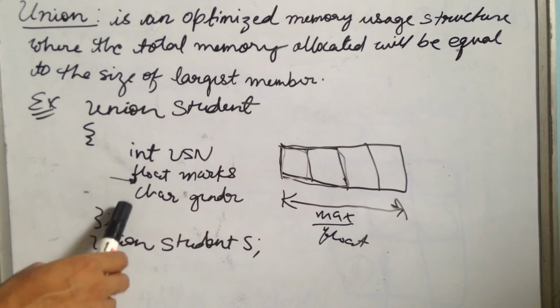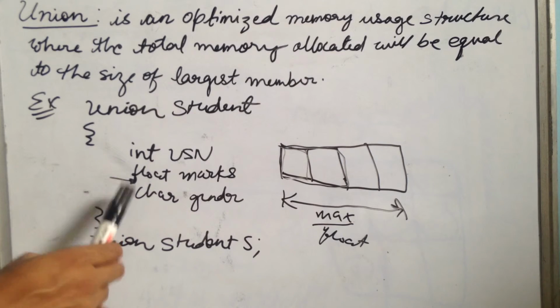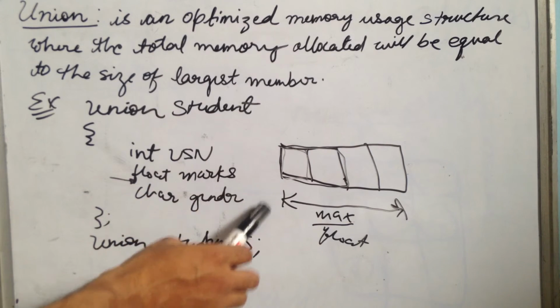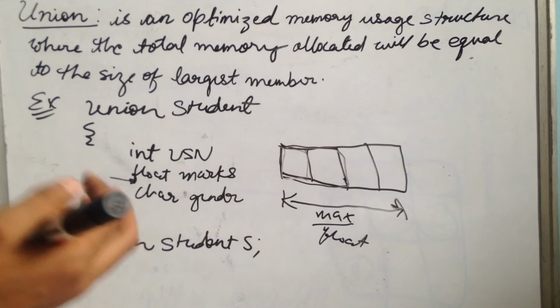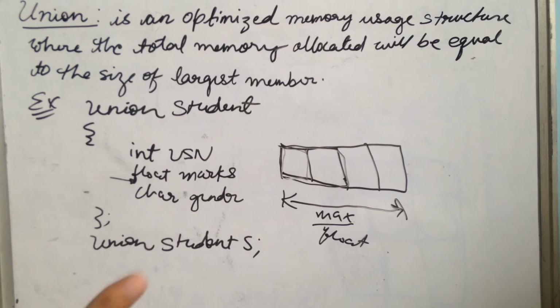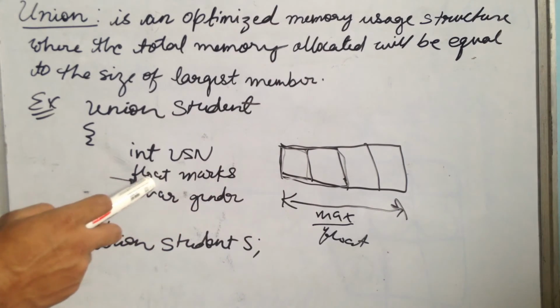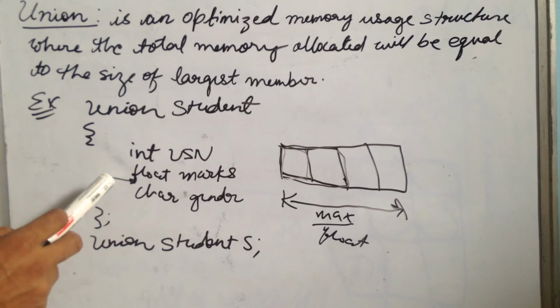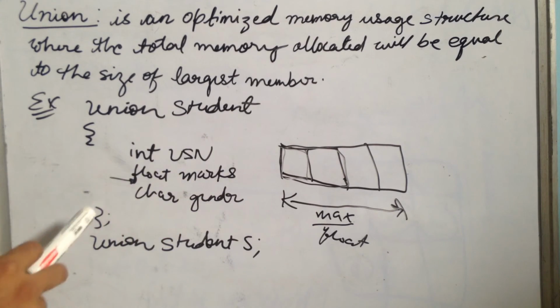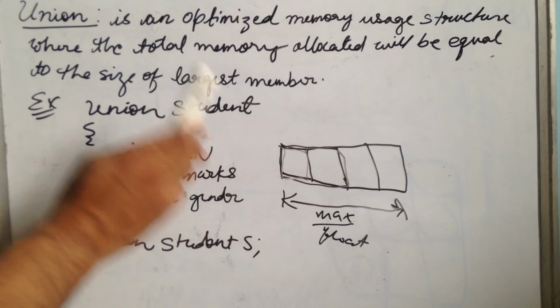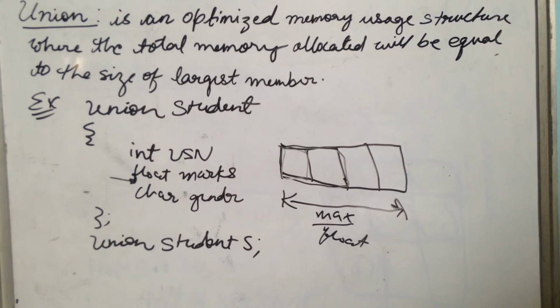But when there are multiple different members, then we look at which member requires more bytes. In this case, it's marks because it is float and it needs 4 bytes. That's why the compiler will allocate 4 bytes to this union.